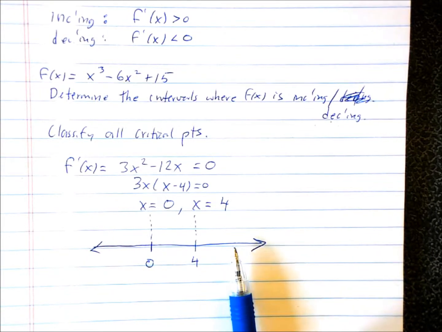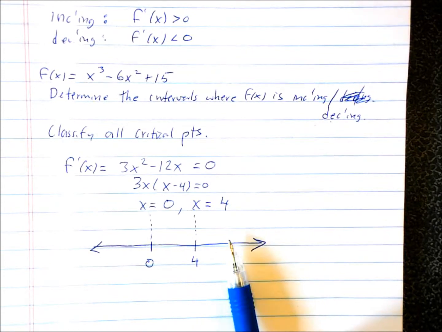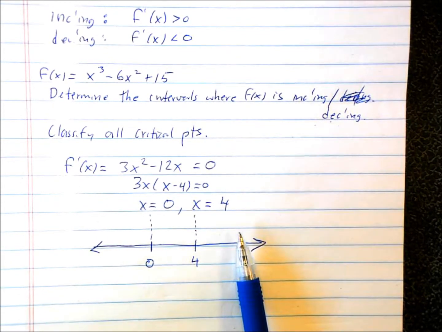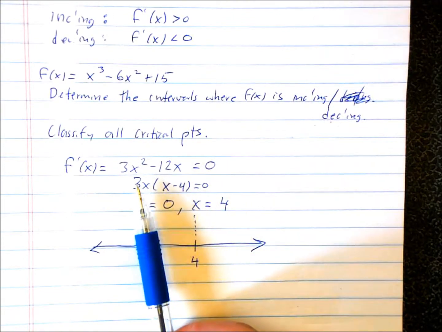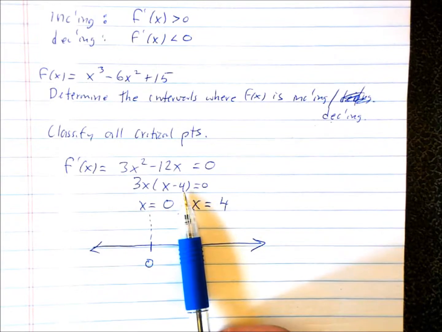You pick your favorite number bigger than 4. 5, 7, it doesn't matter. 57. I like 57 a lot. I'm going to plug it into the derivative. So I'm going to have 3 times 57 times 57 minus 4. How much is that? I don't know.